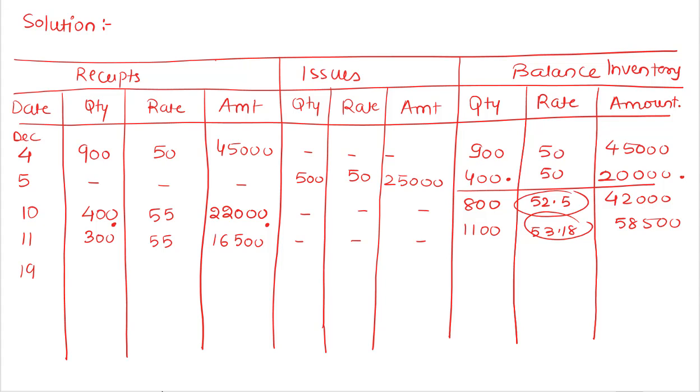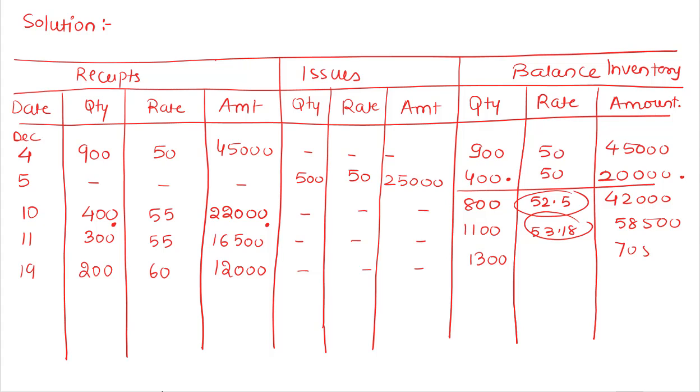On 19 December, there is a receipt of 200 units at a price of 60 that totals as 12,000. Issues are not there on that date. So 1100 plus 200 is 1300. 1300 and 58,500 plus 12,000.